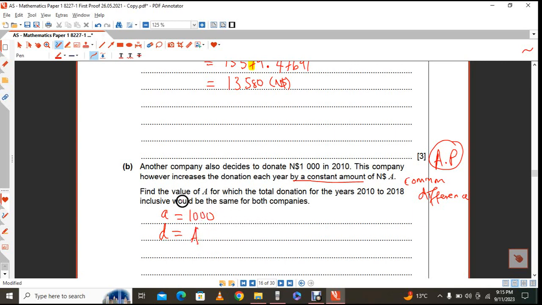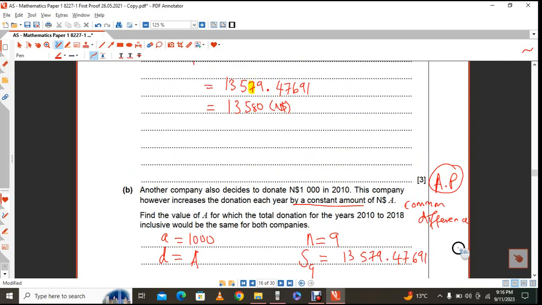Then they say find the value of a for which the total donation for the years 2010 to 2018 inclusive, so that means n is still equal to 9, will be the same as our previous answer. So our S sub n will be the same as 13,579.47691, from our previous answer.